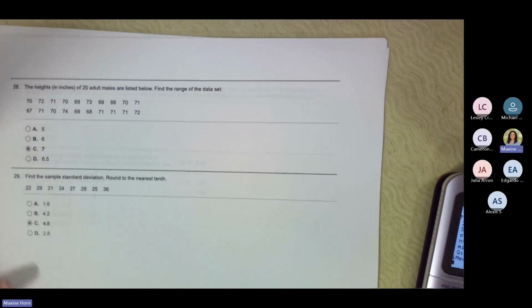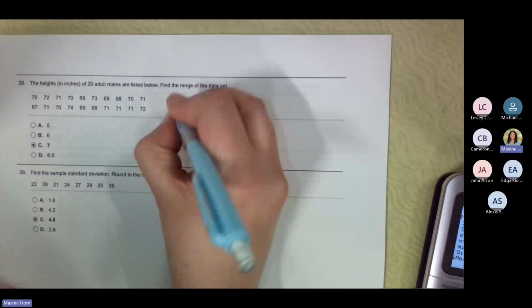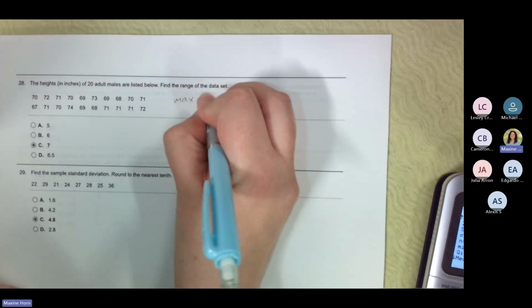All right. The heights in inches of 20 adult males are listed below. Find the range of the data set. So I think I said this before, sometimes it's going to be faster to plug it into the calculator, but sometimes, depending on what they're asking of you, it might be faster just to look. Range is just the max minus the min.